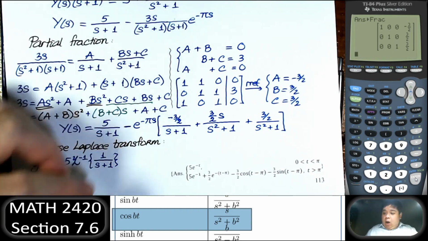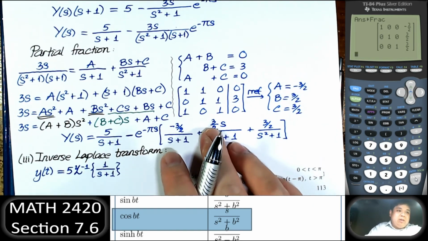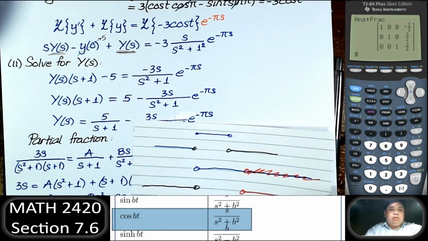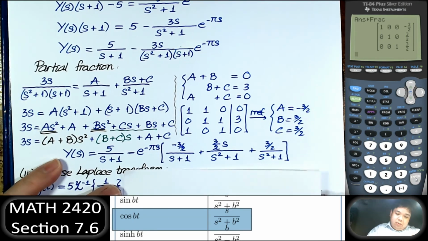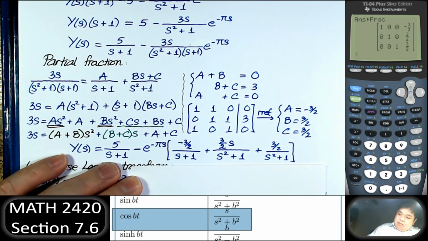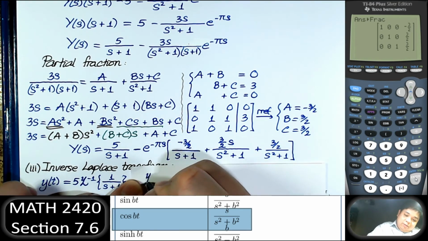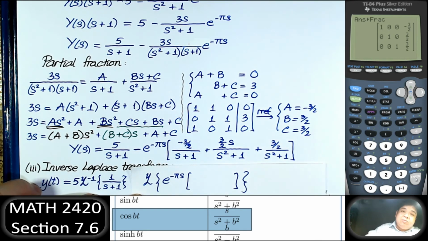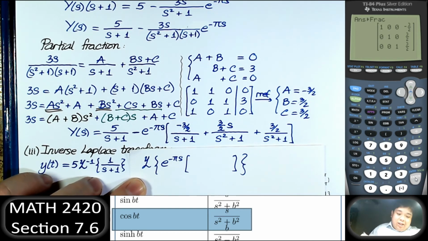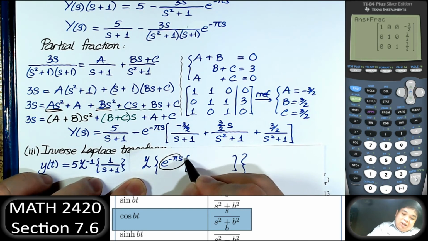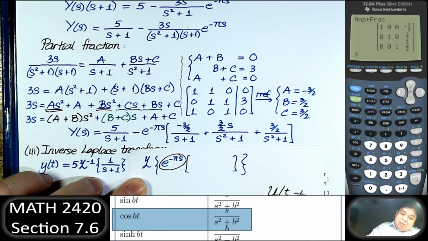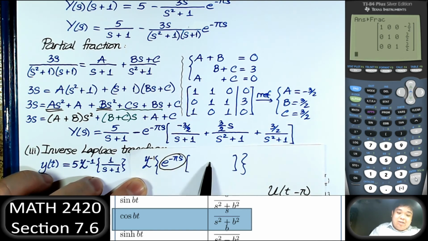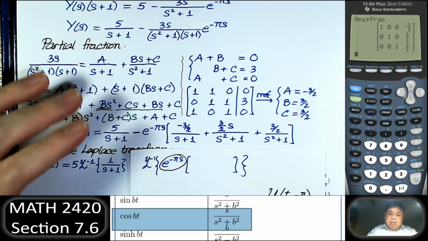And now this. When we see this in the transform, let me just write this. If we have the transform of e to the negative pi s and then something, what we see is we can rewrite this as the u of t minus pi, and we just do the inverse transform of what's left, but then we have to replace t by t minus pi.